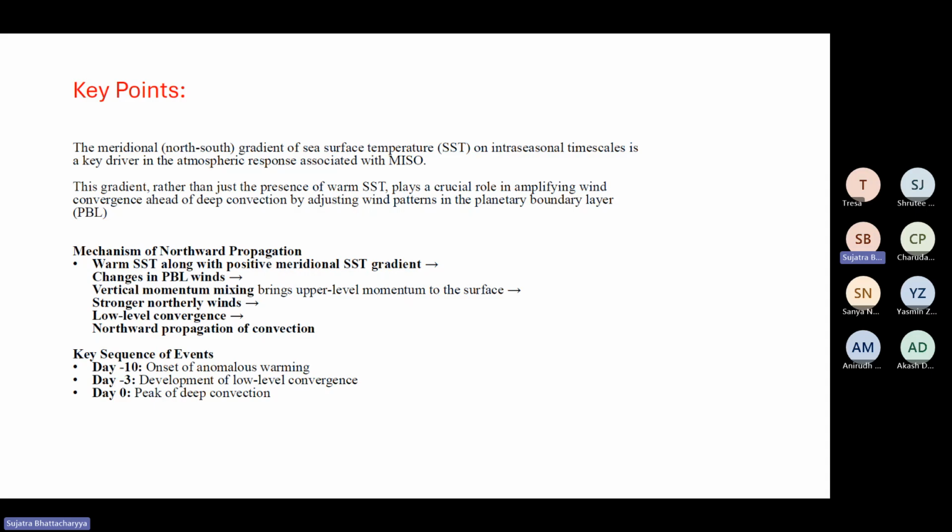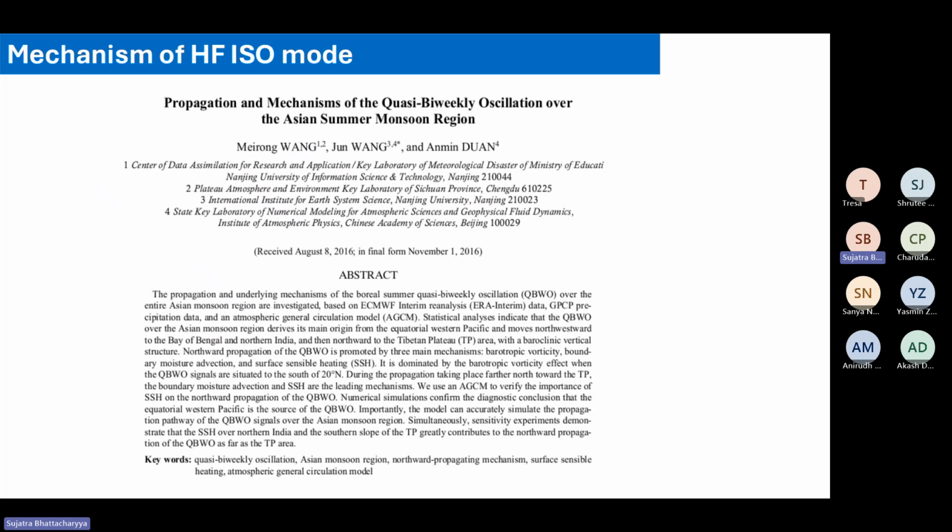Now, when we look at the mechanism behind the LFISO, which also has the name quasi-biweekly oscillation. So basically, in this paper, they talked not about the westward part, but the northward propagation of this north-westward propagation of HFISO.